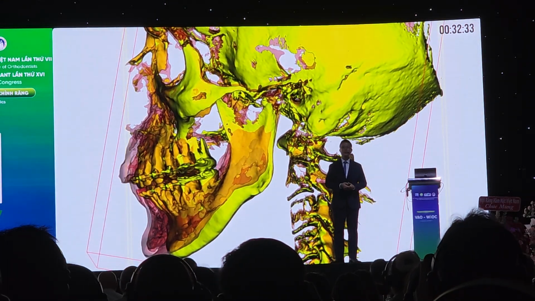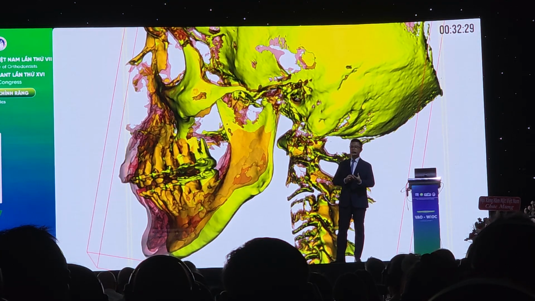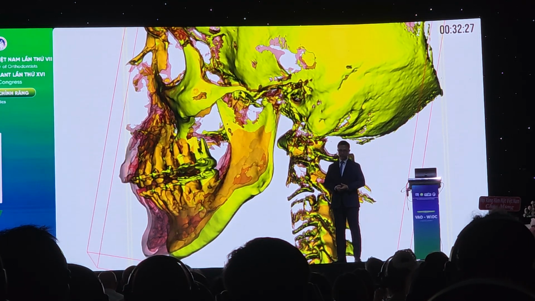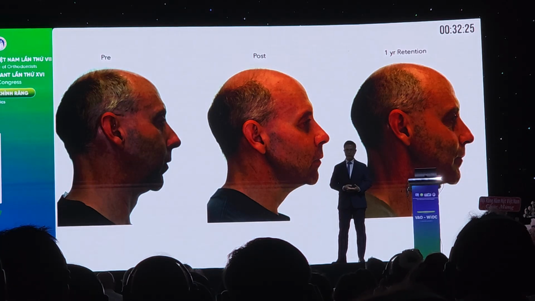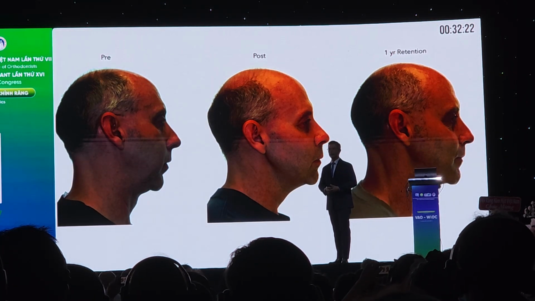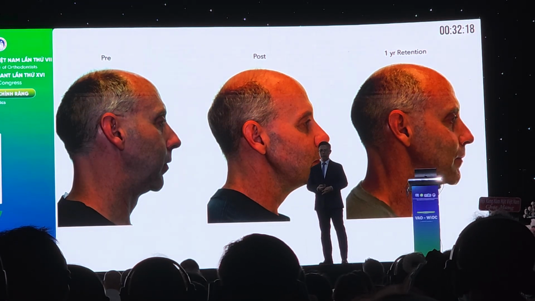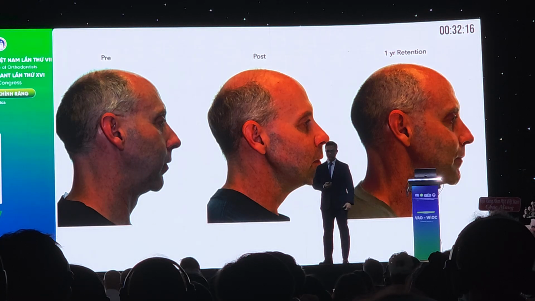So in many of these maxillomandibular advancement or MMA cases, a lot of the time they need some kind of maxillary expansion. So this is pre, post, and 1 year retention. His AHI, apnea-hypopnea index number, went from 67 to 2. So totally normalized the sleep apnea.